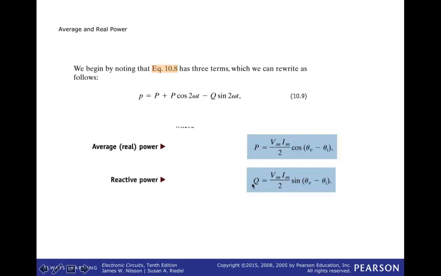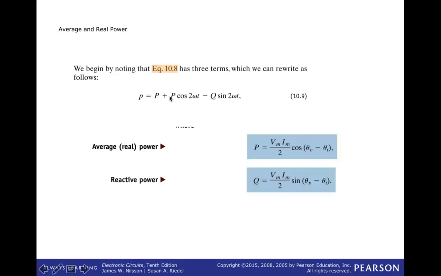Capital Q is defined by this expression, and we call that the reactive power. So looking at the equation here, the instantaneous power is an average power, which is a DC term, so that's our offset for that curve, plus the average power times the cosine of 2 omega t minus the reactive power times the sine of 2 omega t.